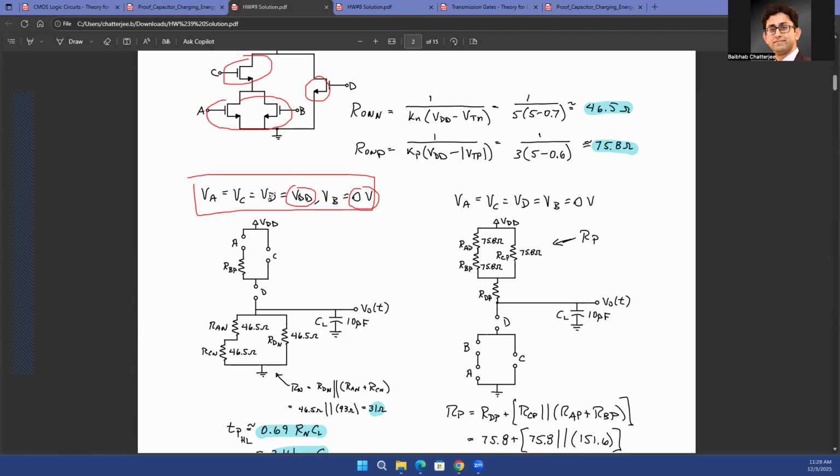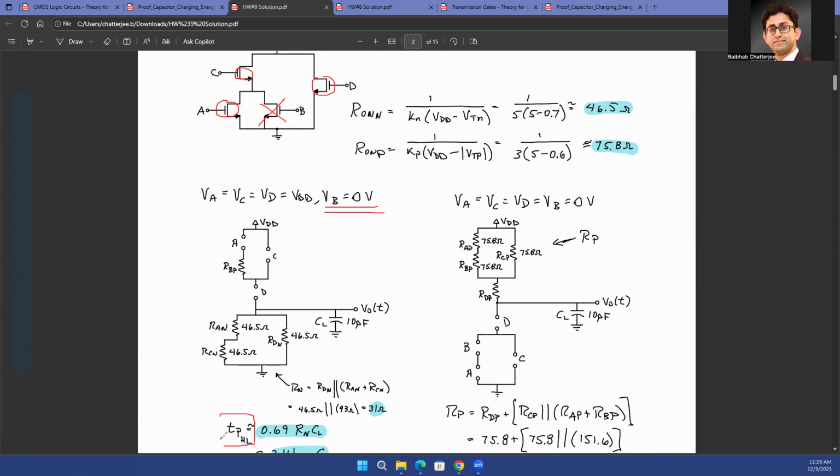So if your VA, VC, and VD are high, that means my transistor A is on, my transistor C is on, and my transistor D is on, whereas my transistor B is off. Right? So that was given in the question in homework 9, that if VB is equal to 0 and VA, VC, VD are on, then what is going to be your high to low propagation delay or low to high propagation delay?